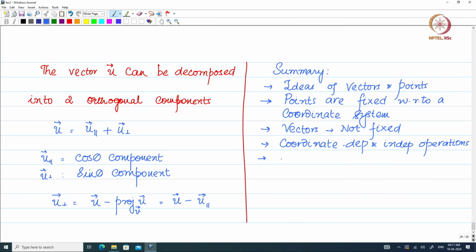Then we looked at the idea of barycentric coordinates, and we also looked at convex combinations of vectors. We looked at the length or norm of vectors through the Pythagoras theorem.